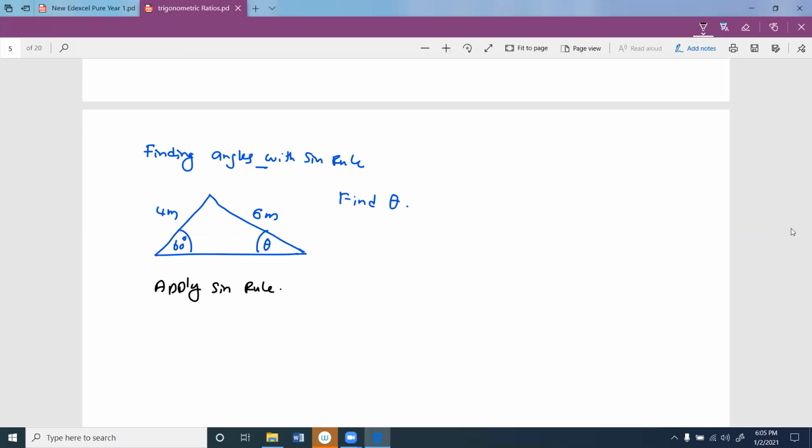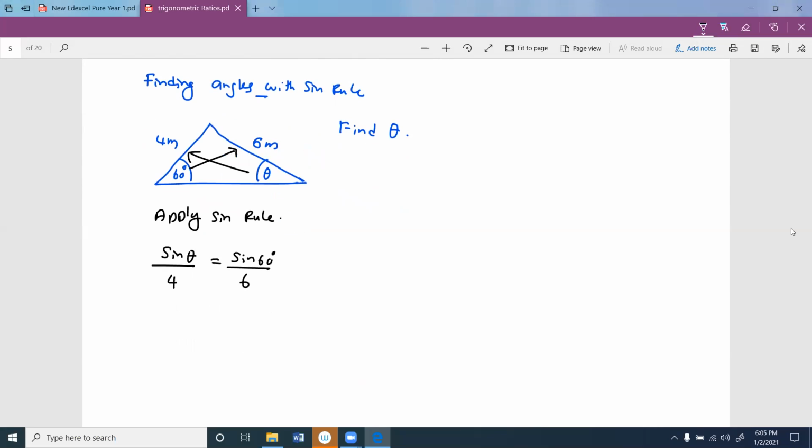Sine theta divided by 4 is equal to sine 60 divided by 6. This way. If you make sine theta the subject, sine theta is equal to sine 60 into 4 divided by 6. Then you can get the answer.